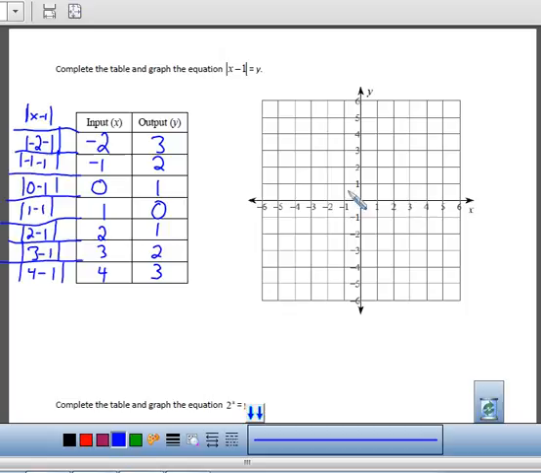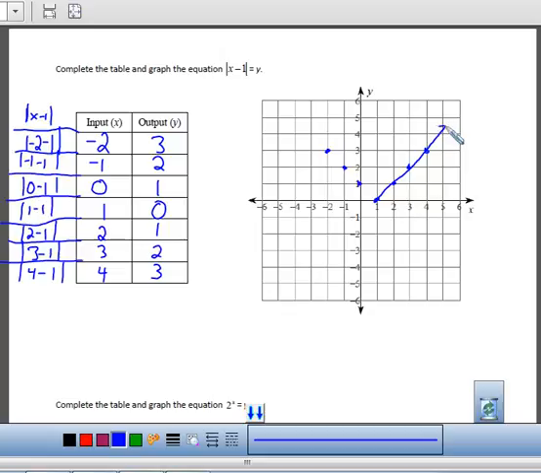And now watch what happens when we plot this. Alright, so I've got -2, 3. Then I've got -1, 2, 0, 1, 1, 0. And then it starts going like this. Very interesting. This is not like the graph we just did. It is not a parabola.